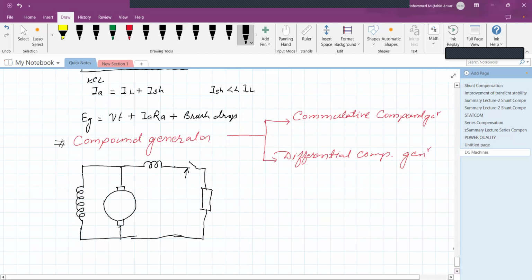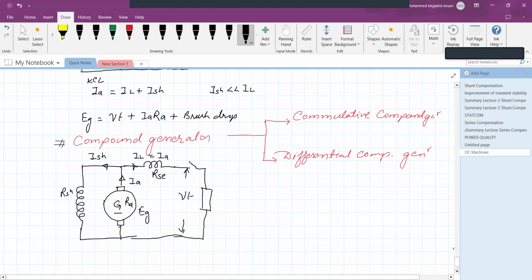So this is the terminal voltage, VT, the series field resistance, RSE, the generator armature current, the EMF generated. The current delivered by the armature is IA, the current delivered to the load circuit and series field is IL, and this is the current delivered to the shunt field winding, RSH, and the current is this one.